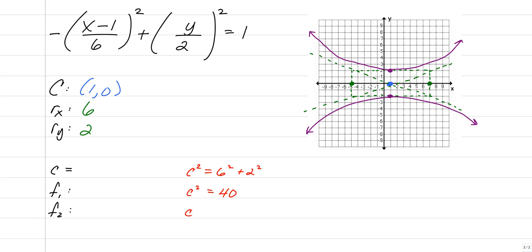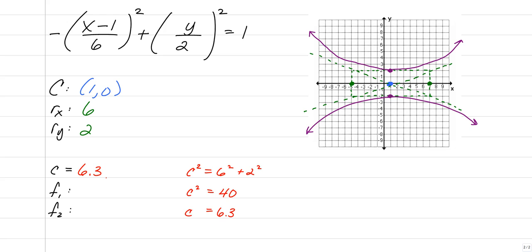So what you want to do is just type it in your calculator and say that c is approximately 6.3. If you do the square root of 40, it's going to give you 6.32, but on a graph it's kind of hard to graph little decimal increments, so 6.3 is good enough. So our little c value is 6.3.